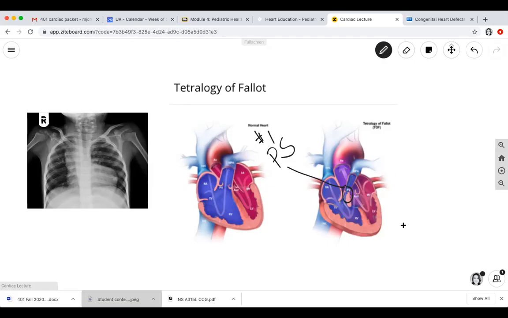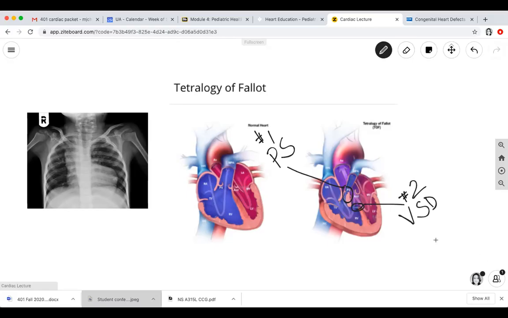Number 2, you have a VSD, which is an opening between your right and left ventricle. So it's usually right here. So that is going to be number 2. So ventricular septal defect, VSD.